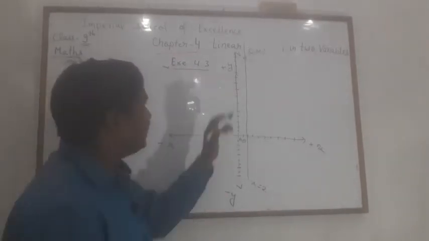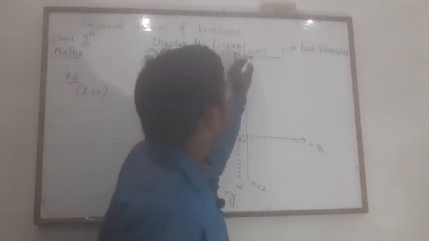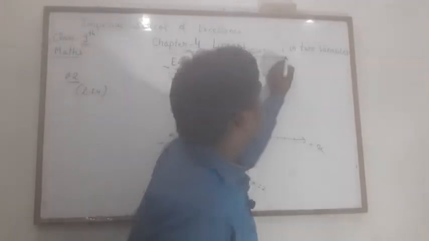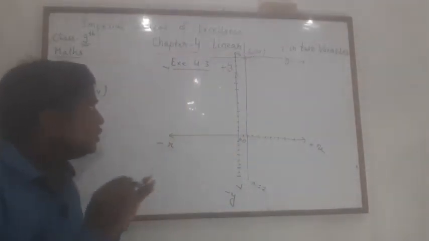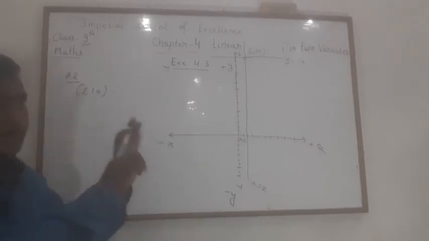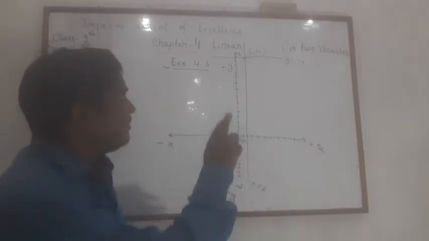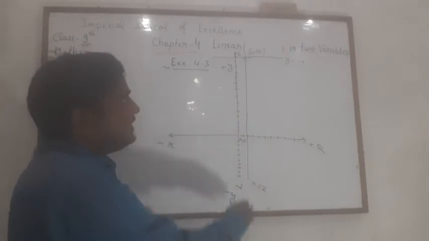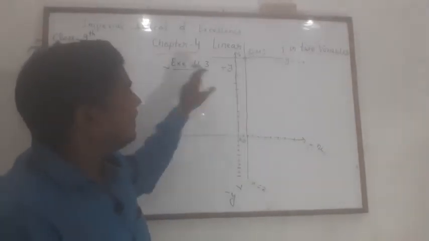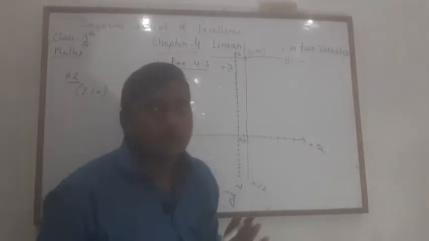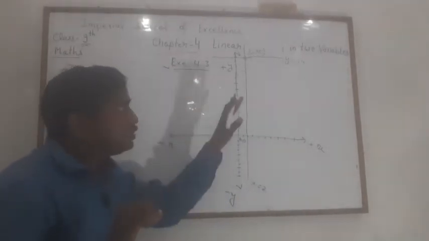Another line is passing through this point, whose equation is y is equal to 14. So from the given point there are two lines passing, one parallel to the y axis, which is x equal to 2, and one parallel to the x axis, which is y equal to 14.